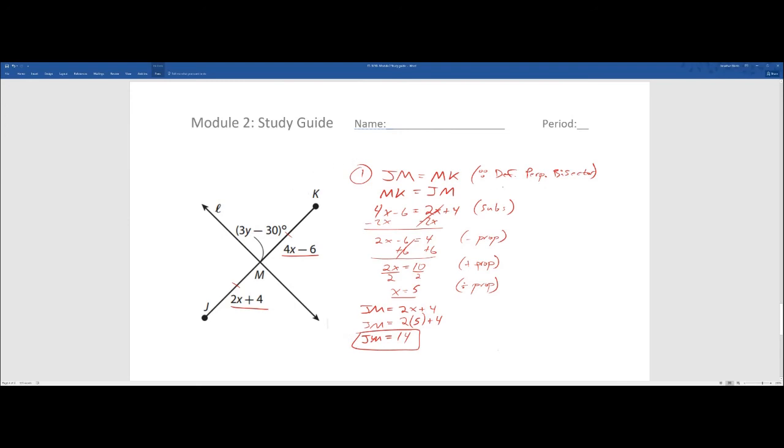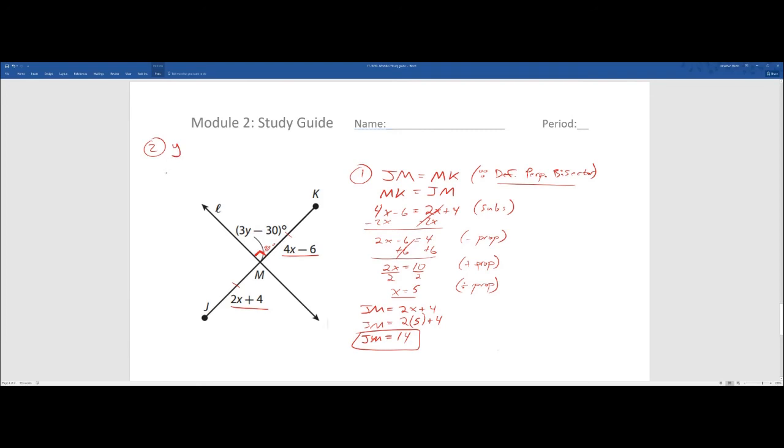Definitely remember the definition of a perpendicular bisector and know how to set up the algebra. Now, there is going to be another similar problem based upon this situation, and that is the fact that perpendicular bisectors intersect the line of reflection at a 90-degree angle, or a right angle. That means they'll ask you to solve for y in this situation.